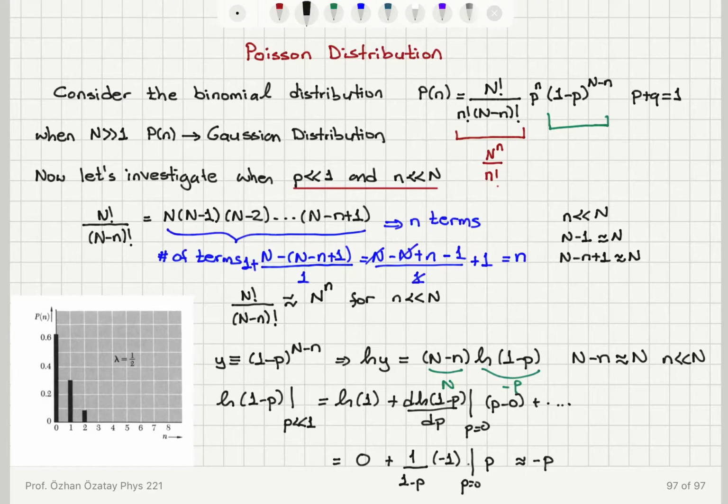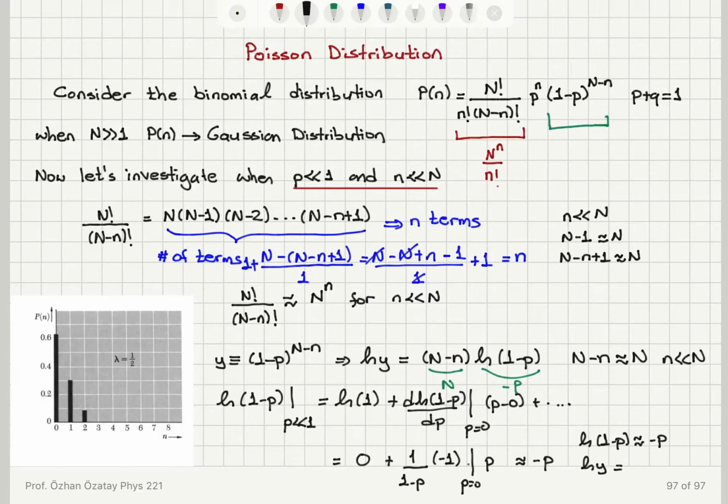So if I have natural logarithm of 1 minus p to be replaced by minus p, then basically for the natural logarithm of y, I have capital N times minus p.